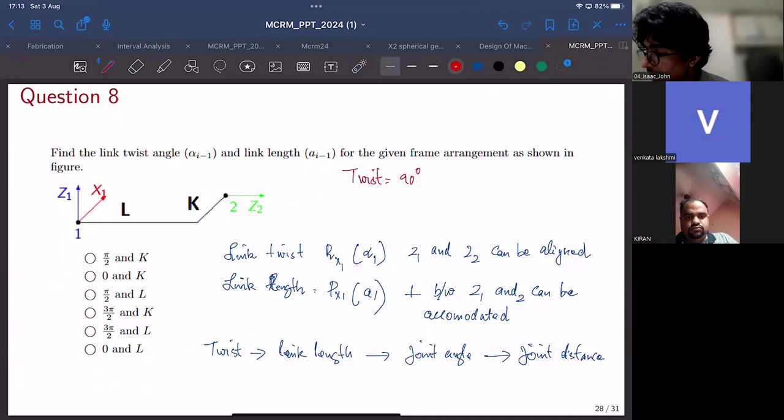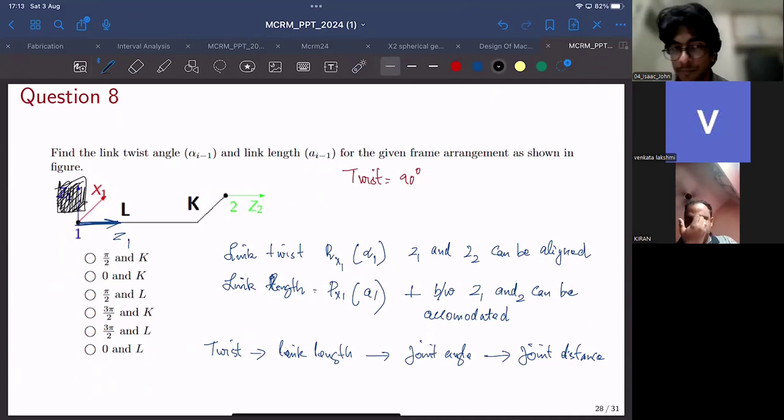So just for the sake of understanding, now that we have rotated 90 degrees, the new X1 would be like this. New Z1 would be like this. You can simply ignore this Z1 because we have already rotated about like this, right?